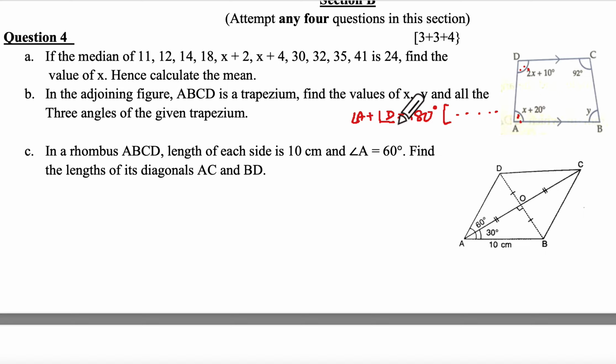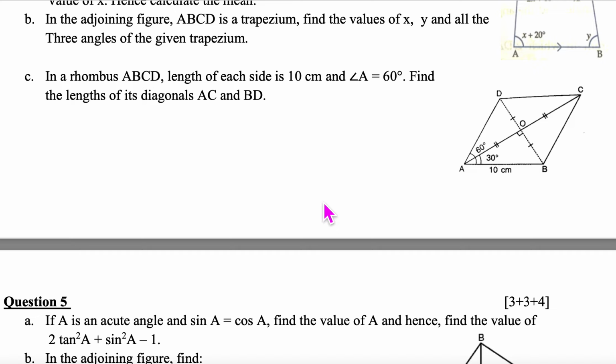Then you'll add this and you'll get 2x plus 10 plus x plus 10 equal to 180 degrees. Can you find the value of x? Then you'll say y plus 92 is 180, so y will be equal to 180 minus 92. Doable?